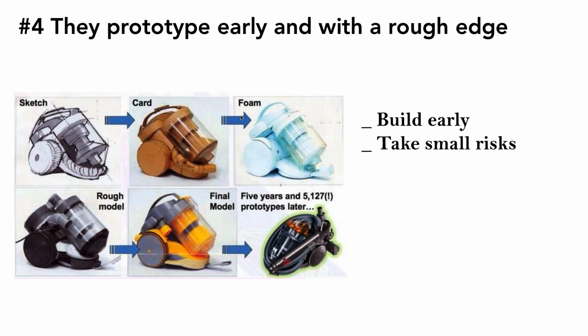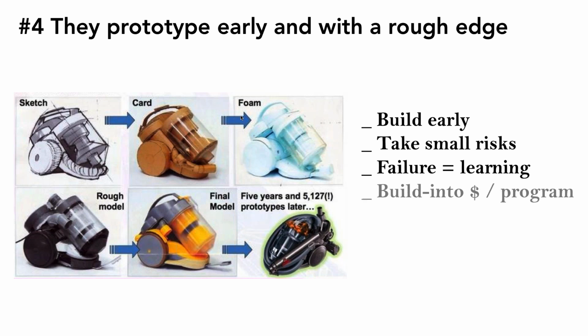Also, what's important here, the leader, or at least the person holding the project purse strings, which is Mr. Fawcett in my physics class example, they both set the clear expectation that failure is part of the learning process and the journey to the best outcome, and they build in resources, which is time, people, and money, to allow this to happen. They actually encourage it. And again, earlier is better to reduce the risk of larger costs and larger mistakes later on, as Dyson proves with their 5,127 prototypes of their vacuum cleaner.